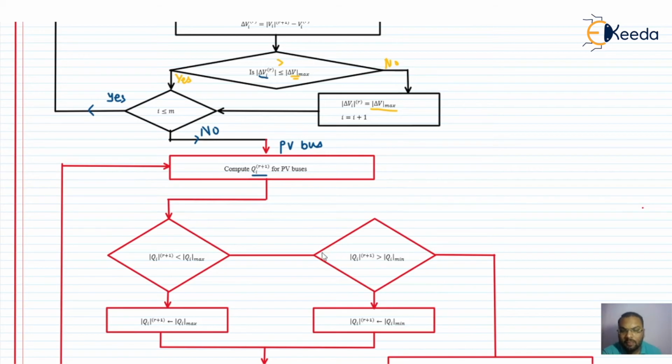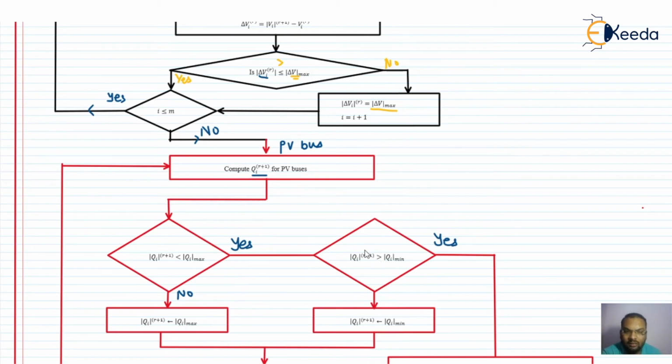Okay, suppose the computed reactive power at the ith bus is smaller than the maximum value, let's say it is yes here, then you check whether it is greater than the minimum value or not. Again, if it is yes, you will go this side. If either of these two conditions does not hold, then if the reactive power at the ith bus is greater than the maximum value, you assign that reactive power to be the maximum reactive power.